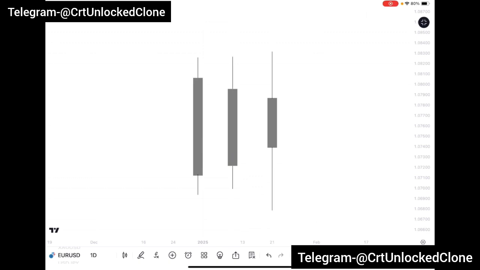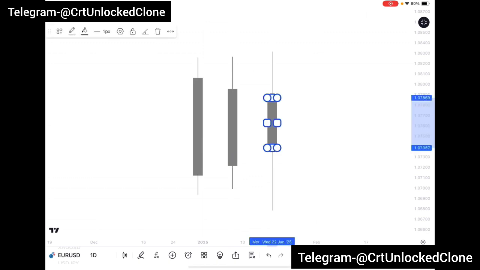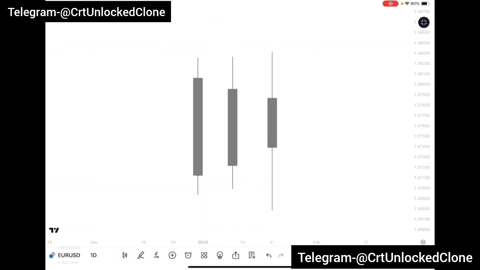Now everyone will get the doubt: bro, why are you saying that the third candle is not a CRT candle? Simple answer: the third candle is not as thick and bulky as the other two. Listen carefully, guys, I will teach you a simple method to find why it's a CRT candle and why it's not.